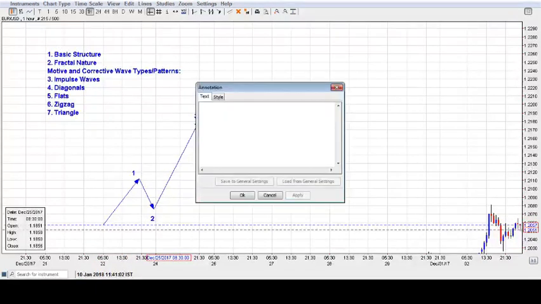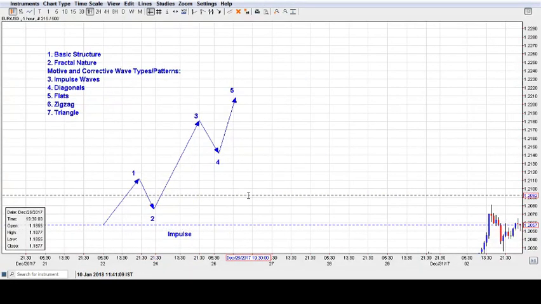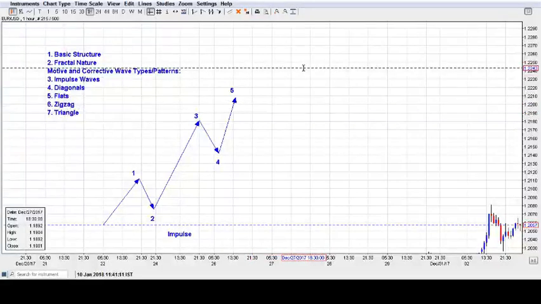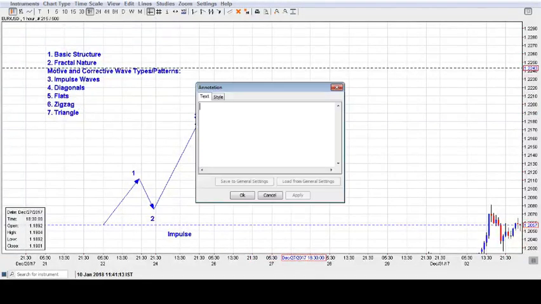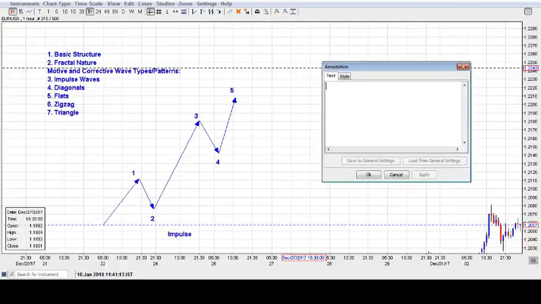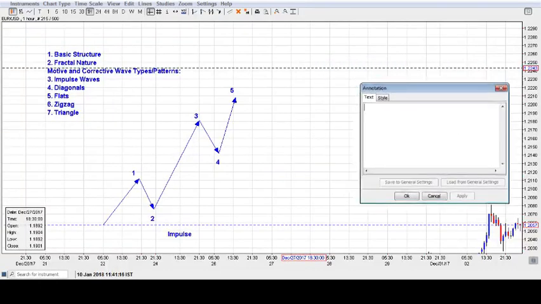So that is a pictorial representation of an impulse. And there are a few guidelines that you would like to keep note of when you're trying to identify an impulse or work upon an impulse.